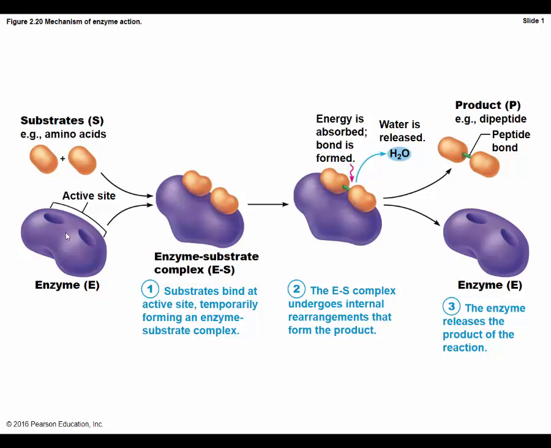The example here in this slide is taking 2 amino acids, interacting with the enzyme, and that enzyme is forming a peptide bond, releasing water. Again, so this is what? Dehydration synthesis, losing water, and forming something bigger, which is a dipeptide, or 2 amino acids bonded together.